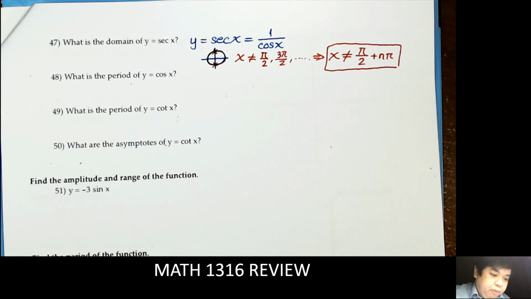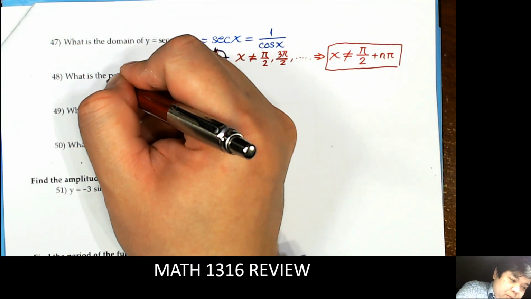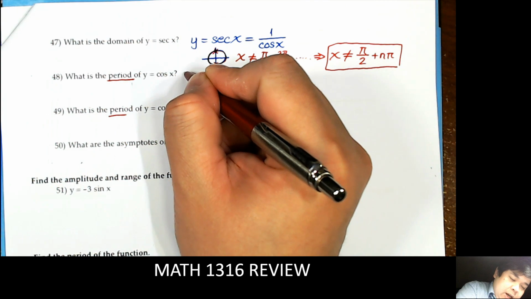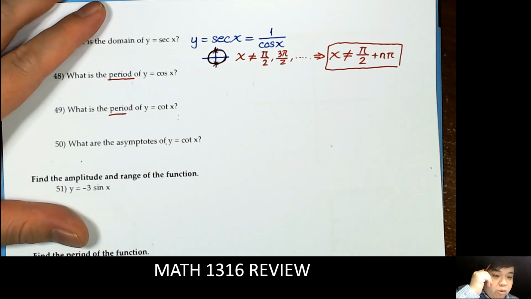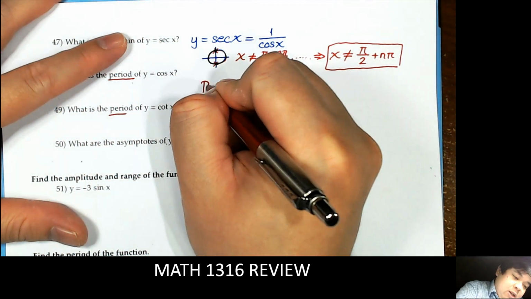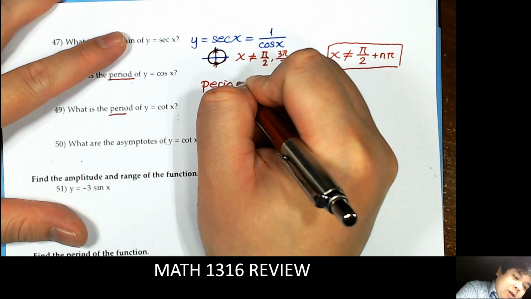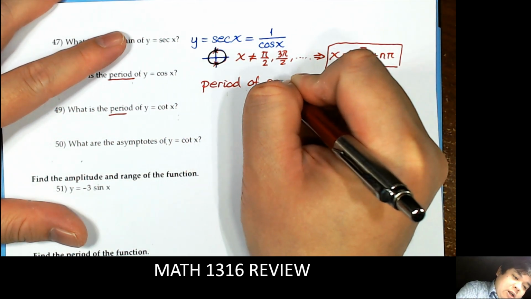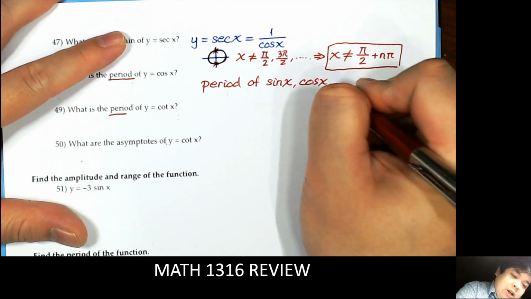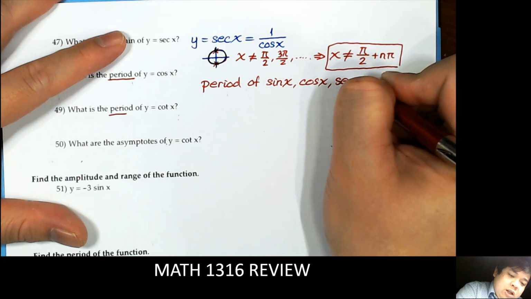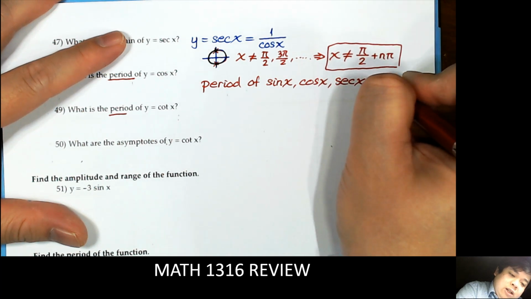Next we have the period. As far as the period of the circular functions, we have the period of sine, cosine, and their reciprocals, which are secant and cosecant.